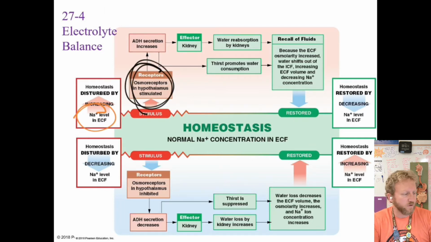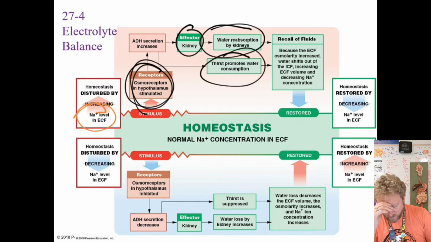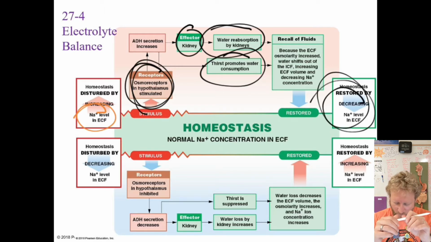That's going to trigger osmoreceptors, which basically tell the kidneys to stop producing urine, reabsorb water, and promote thirst. This is going to drive the increase of water through the thirst mechanism and limit the loss by concentrating the urine. That's going to bring your sodium concentrations back into balance.